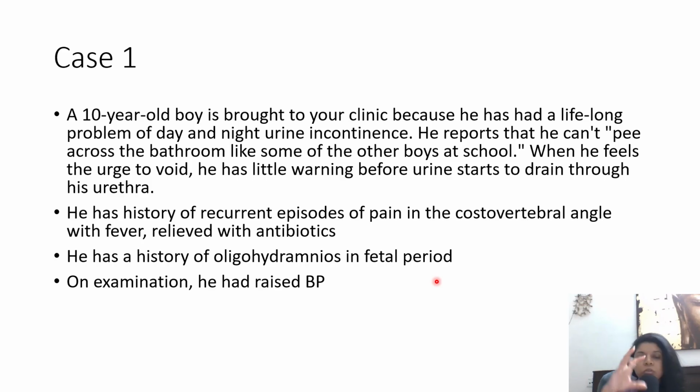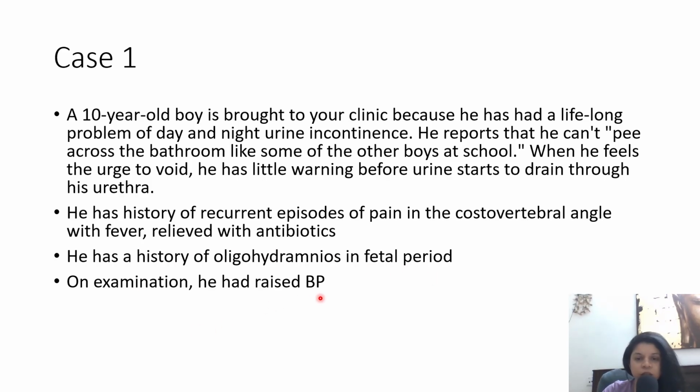But here, when we suspect the child has a renal problem, oligohydramnios even in the womb more strongly signifies that there was a congenital problem in the urinary tract.